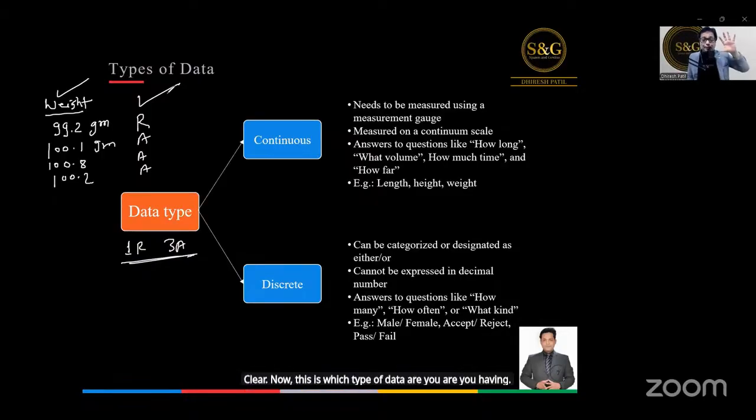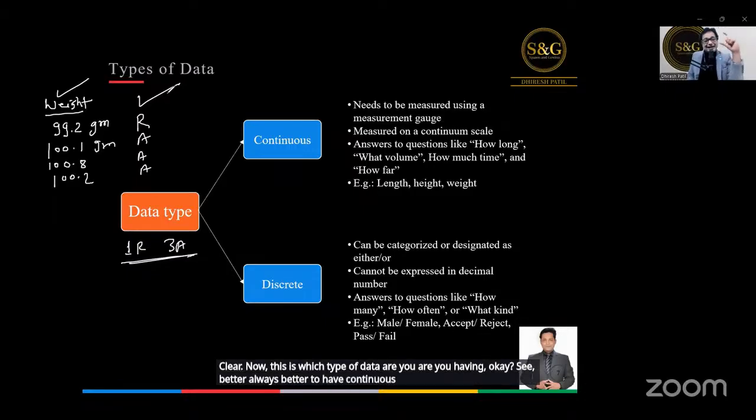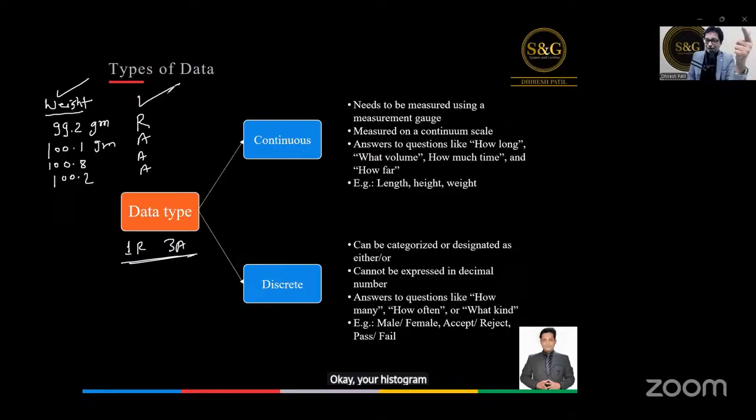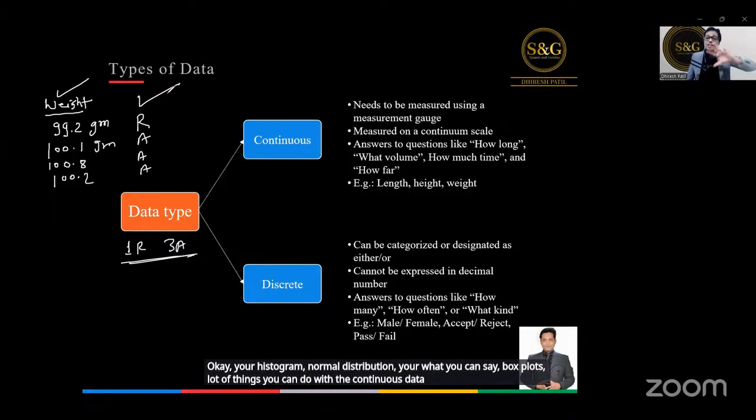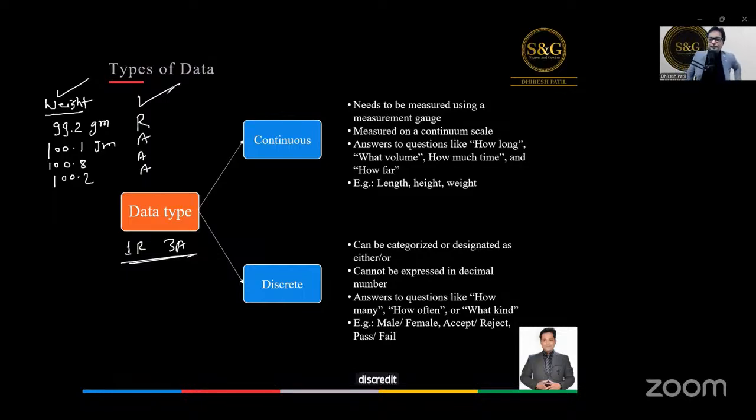See, it is always better to have continuous data, because then you can do a lot of data analysis with it. Your histogram, normal distribution, box plots, a lot of things you can do with continuous data. So always continuous data is better to have than discrete data. Sometimes the data is discrete, sometimes it is continuous.